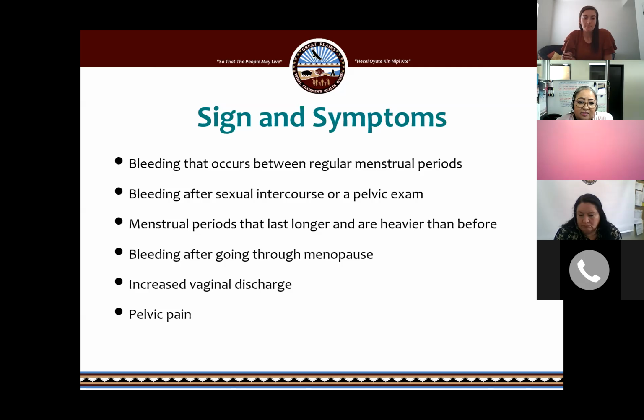These are a list of some of the symptoms: bleeding that occurs between regular menstrual periods, bleeding after sexual intercourse or a pelvic exam, menstrual periods that last longer and are heavier than before, bleeding after going through menopause, increased vaginal discharge, and pelvic pain. There are many potential causes for these symptoms, so it is vital that if a woman is experiencing any of these, that she discuss them with her doctor.